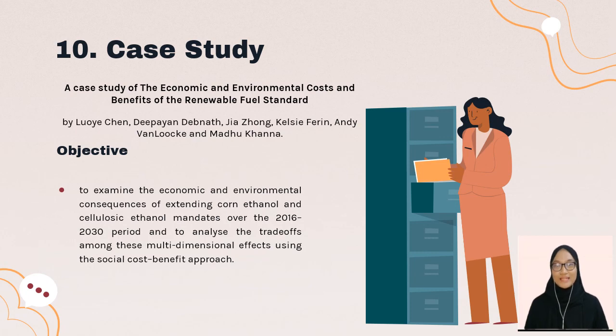The main objective is to examine the economic and environmental consequences of extending corn ethanol and cellulosic ethanol mandates over the 2016 to 2030 period, and to analyze the trade-offs among these multidimensional effects using the social cost-benefit approach.